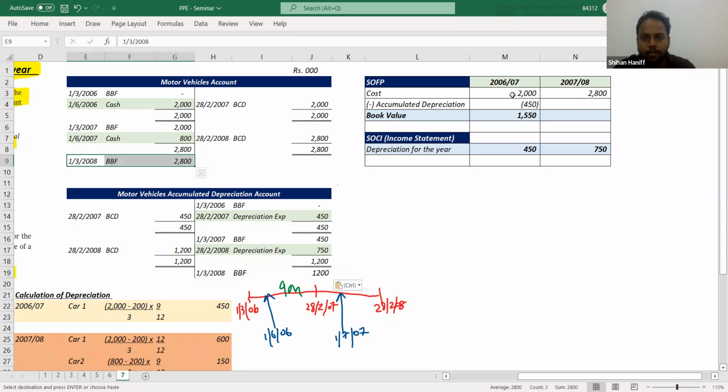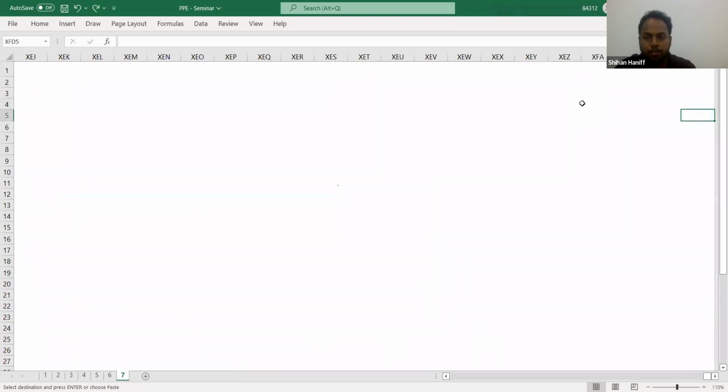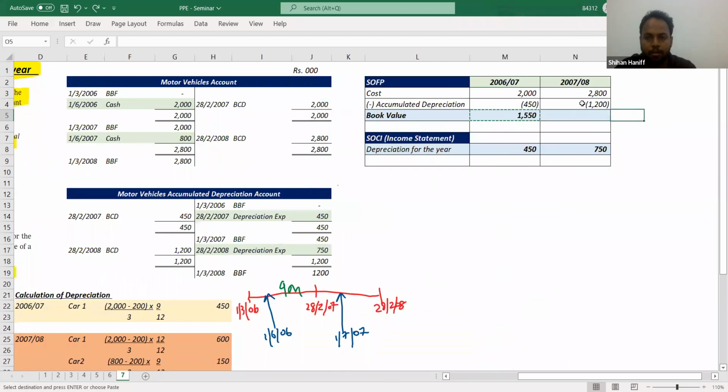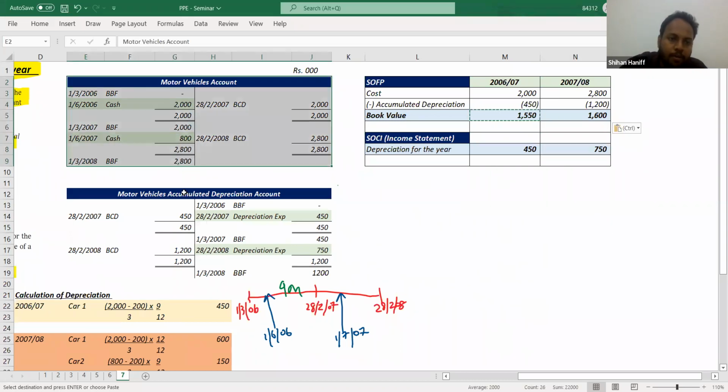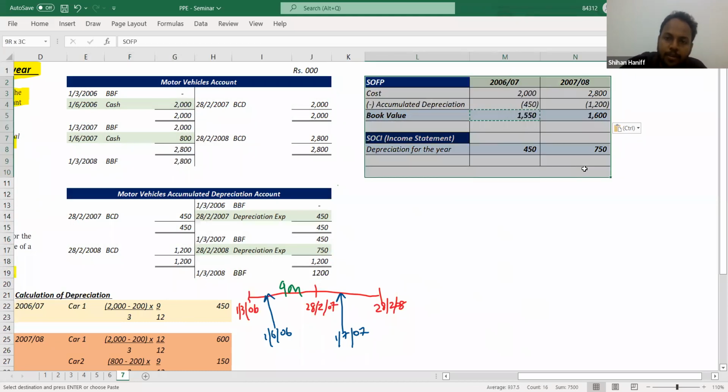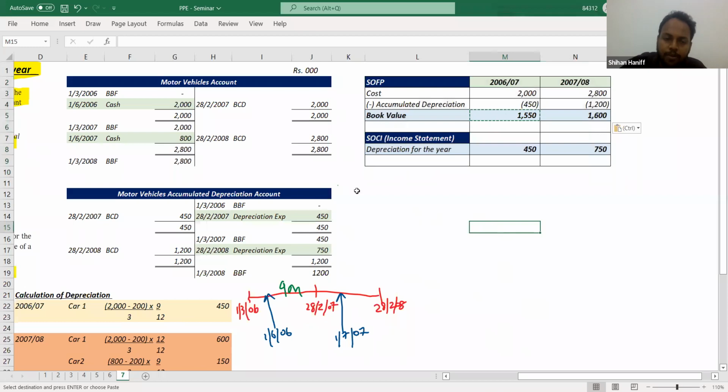Here, 2,800 is the closing balance. This is minus 1,200, which is $1,600. So this is how we prepare the motor vehicle account, accumulated depreciation account, and the draft financial statements.